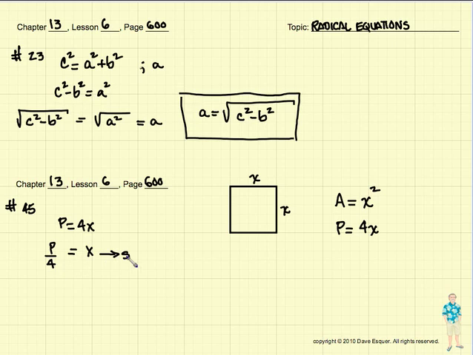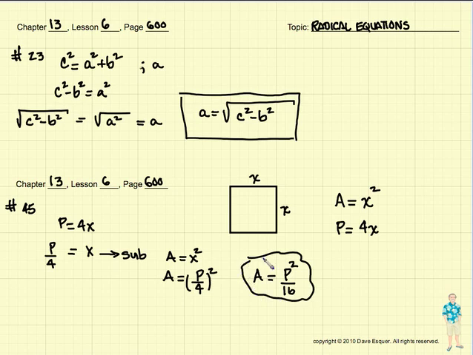If we substitute that into our area formula, the area is equal to x squared, we would end up with the area being equal to P over 4, squared. And if we wanted to make that even neater, we could say the area is equal to P squared over 16. So that was the first formula they were looking at.